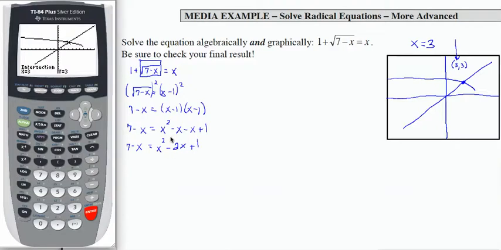Looks like I may have a quadratic equation going on here. So I'm going to take the 7 and the -x and move them over to the right-hand side. So I get x squared minus 2x plus x plus 1 minus 7. So I added x to both sides, subtracted 7 from both sides. That leaves me with x squared minus x minus 6, and this equals 0.